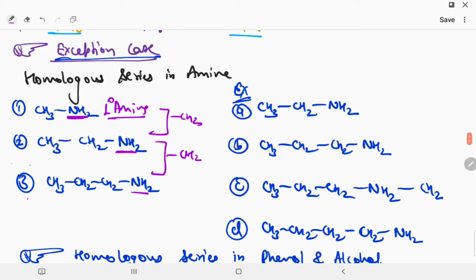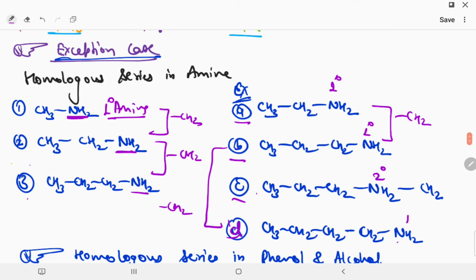Okay. But if you look at the next example, A, B, C and D. In A and B there is a difference of CH2, and they are both 1 degree amines, so they are homologous. But in C, there is a 2 degree amine, so this is not homologous with B. But D and B have a difference of CH2, and D is also a 1 degree amine.